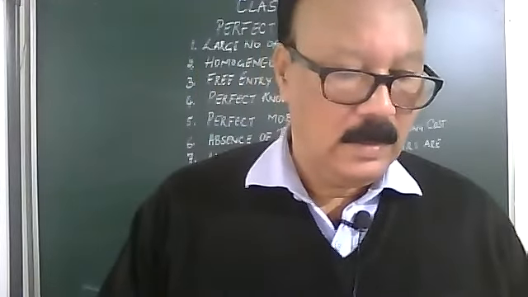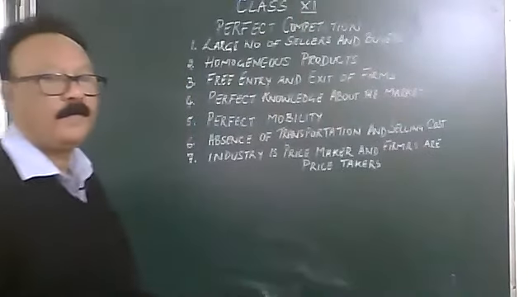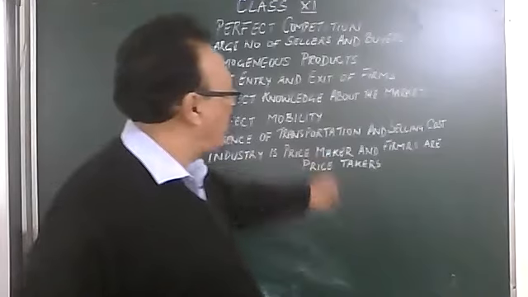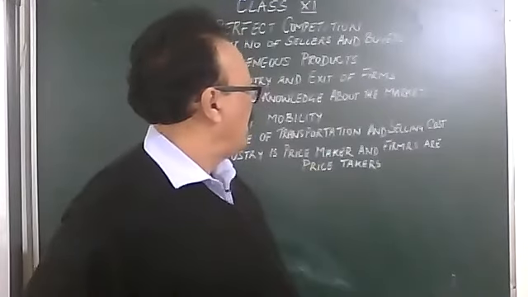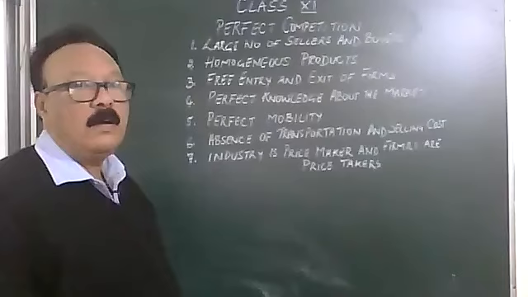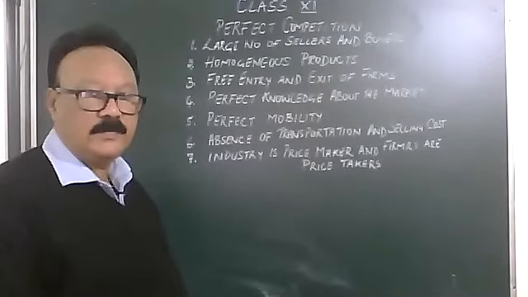Then the seventh: industry is price maker and firms are price takers.